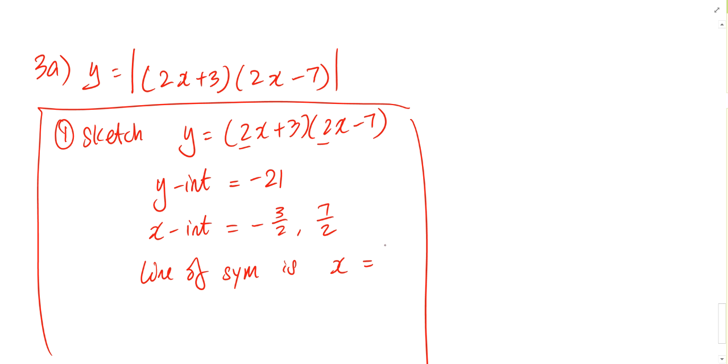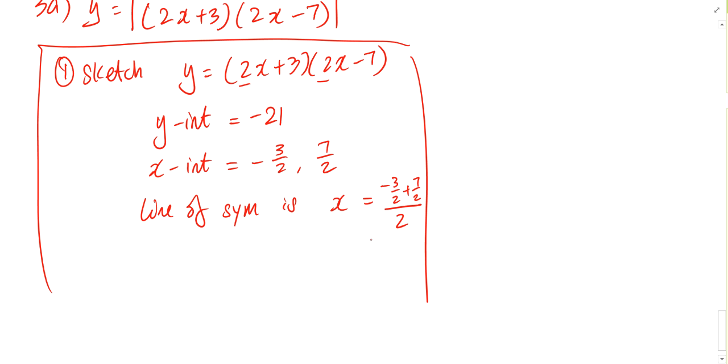For the minimum point, -3/2 plus 7/2 divided by 2. We are finding the midpoint of the two x-intercepts. So we get 1. That is the line of symmetry. It is going to be symmetrical about the vertical line x equals 1. Therefore, now I can write down my minimum point equals 1, comma, substitute inside, you will get -25.